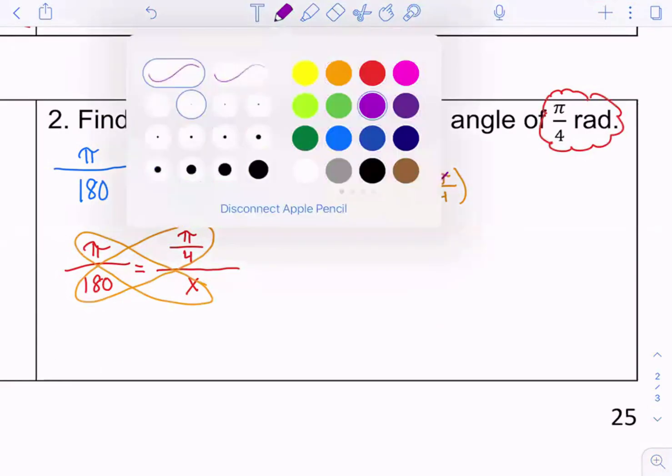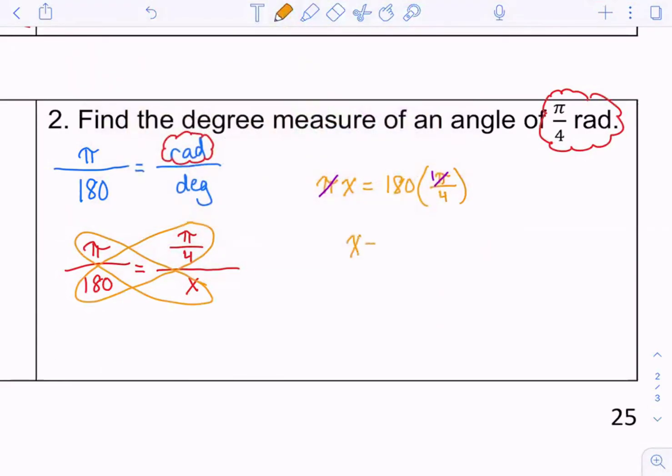So now I have x equals 180 times 1/4, which is, so 180 divided by 4 is 45. So we are going to say that this is 45 degrees. That's your final answer.